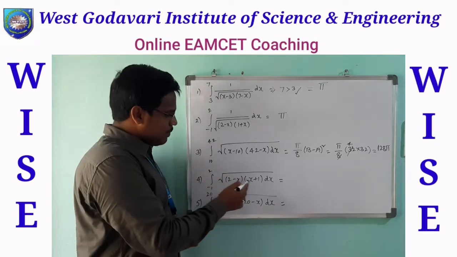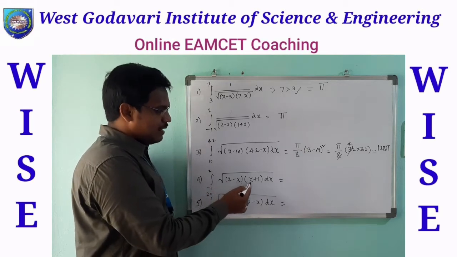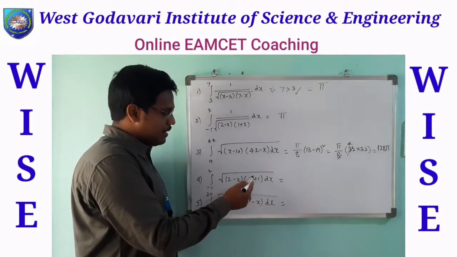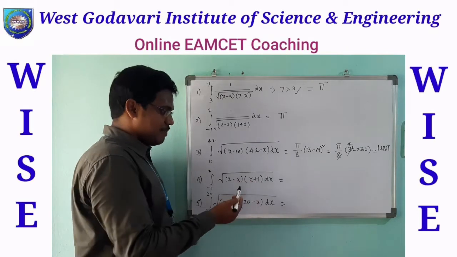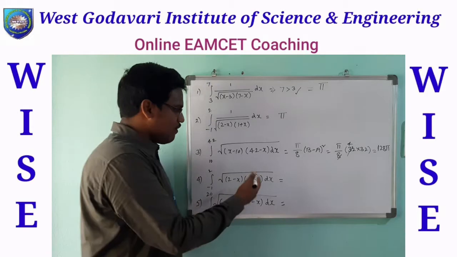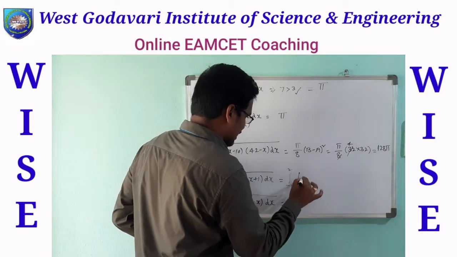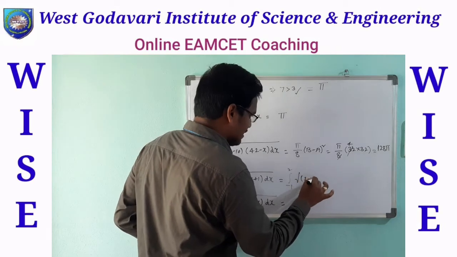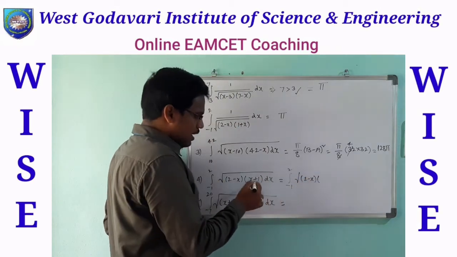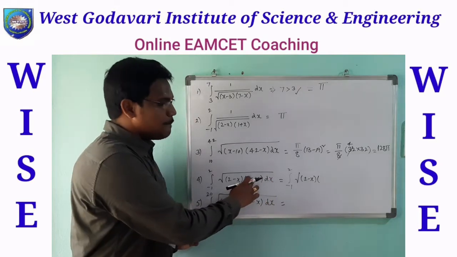Coming to the format, this is a minus x, and the original format is b minus x, but here it is b plus x. Now we have to change the format: integral from minus 1 to 2 of square root of (2 minus x), so we have to change the plus to a minus symbol.